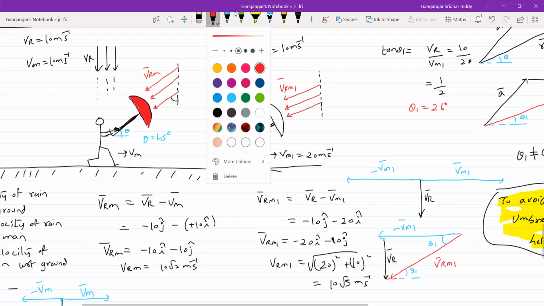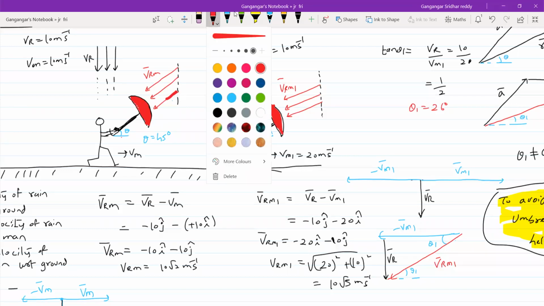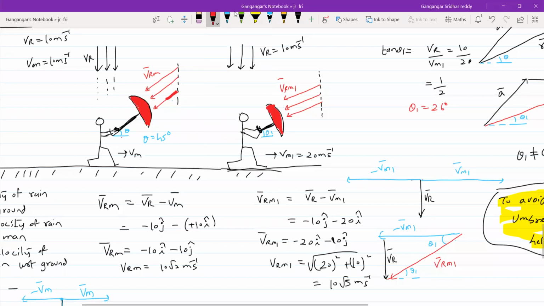So what happens if we hold it vertically? Let me finish off, I'll address you. So this was the theta 1, no? And this was theta earlier.